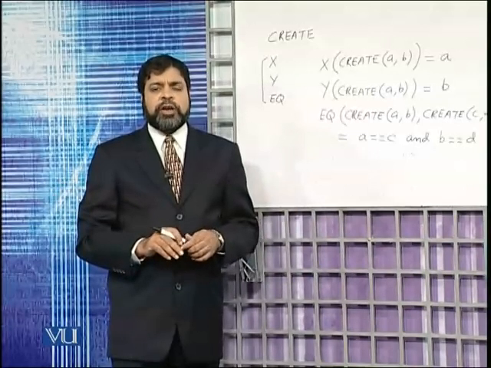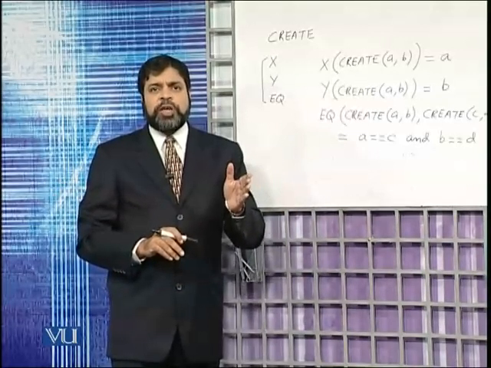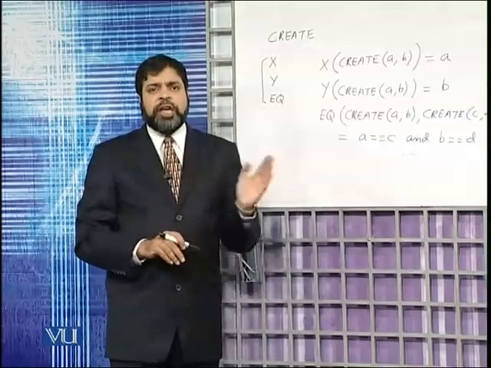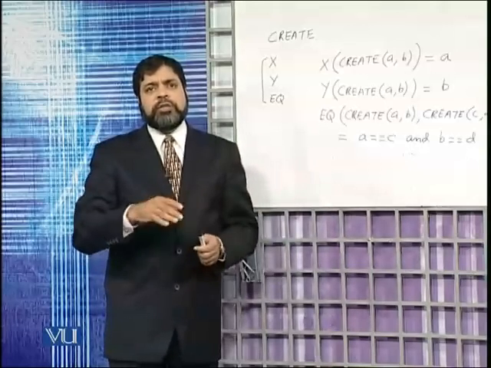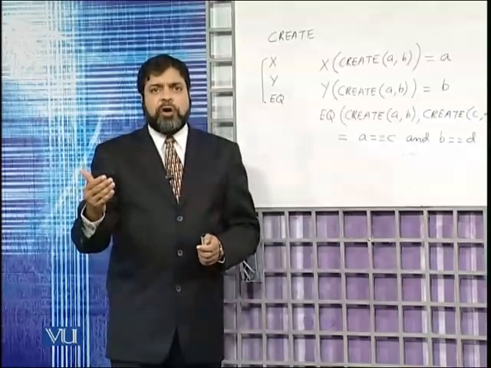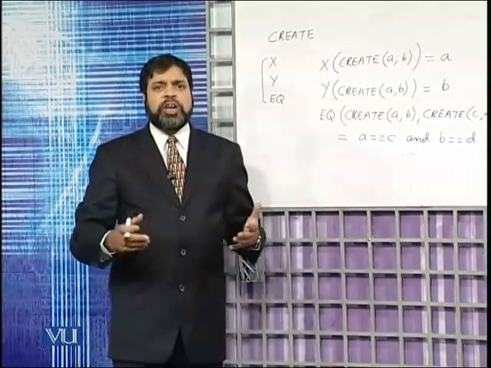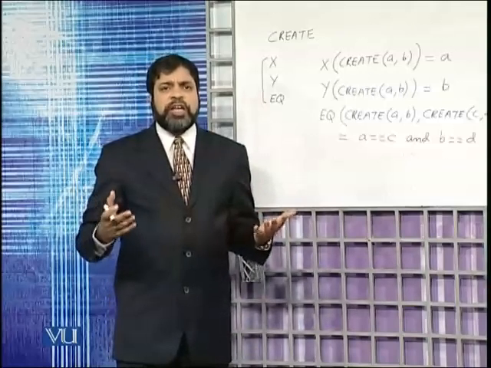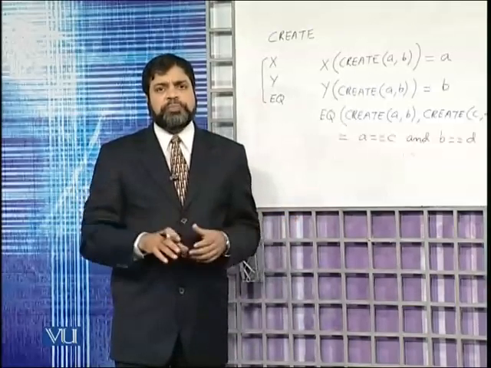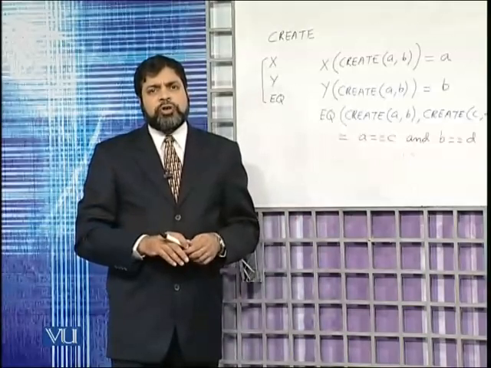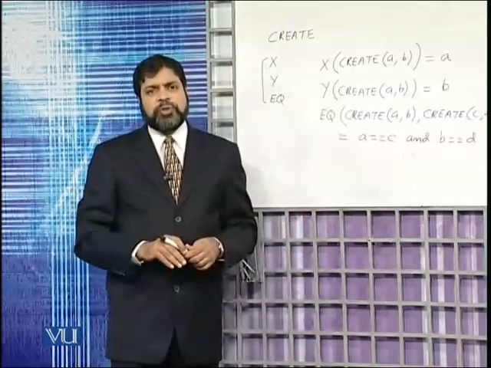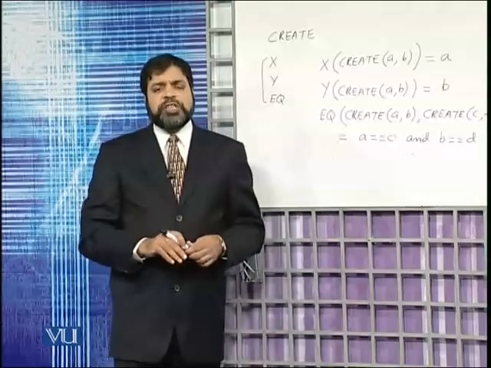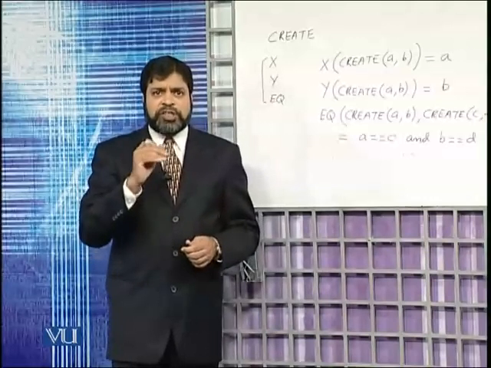I could have written if A equal to C and B equal to D, then true, else false. But this Boolean expression basically means the same thing. So I did not have to write if then else in this particular case. So very simple specification. This specification we are going to use in the first example.